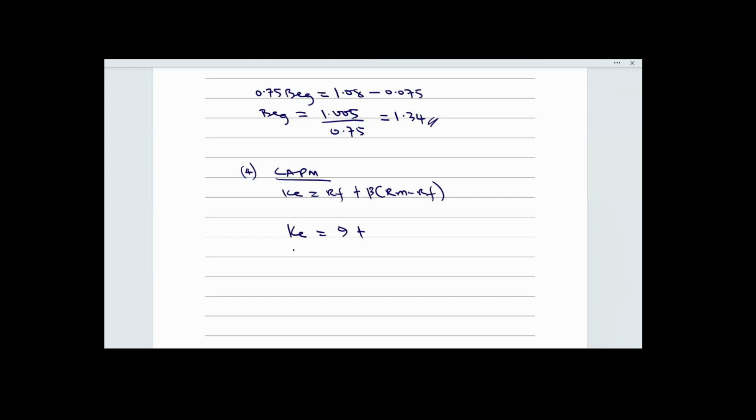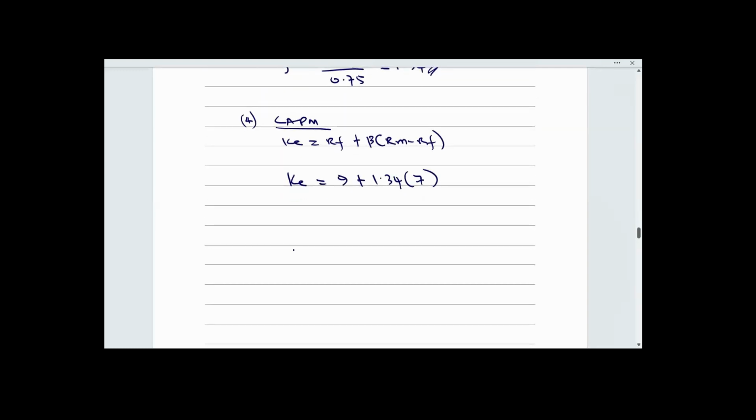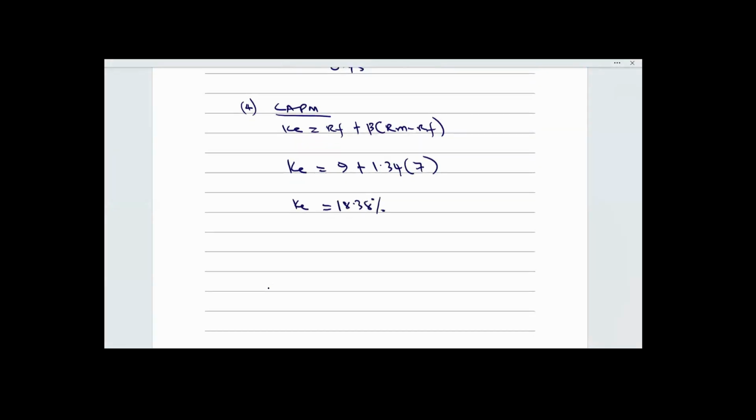The beta we just calculated is 1.34. Market risk premium is 7, since 16 minus 9 is 7. So cost of equity will then be 1.34 multiplied by 7 plus 9, equal to 18.38%. That's the cost of equity.